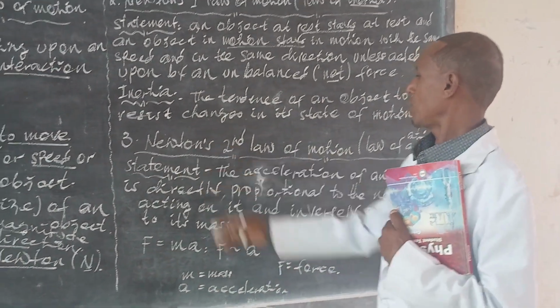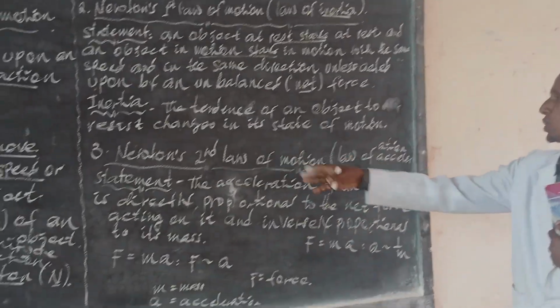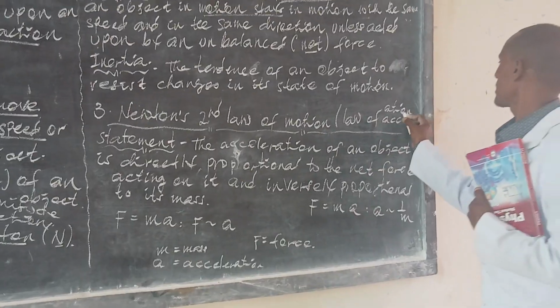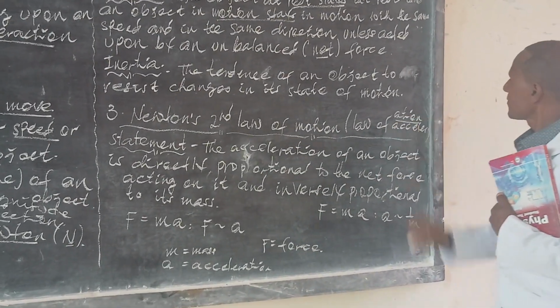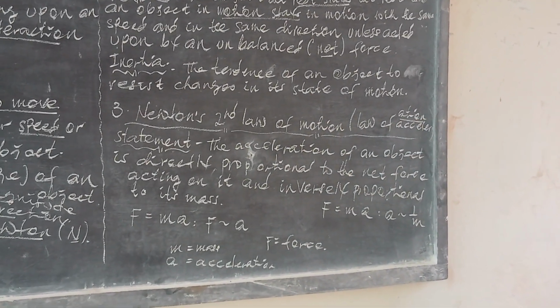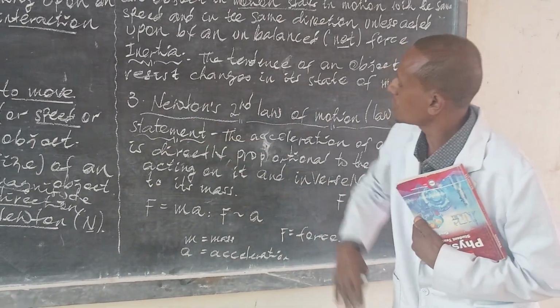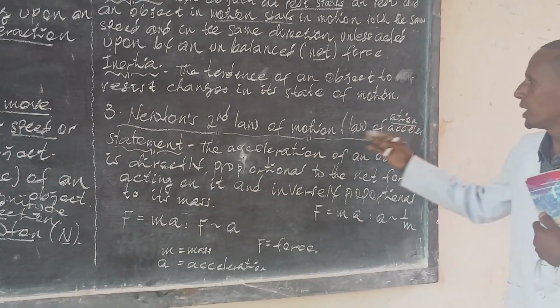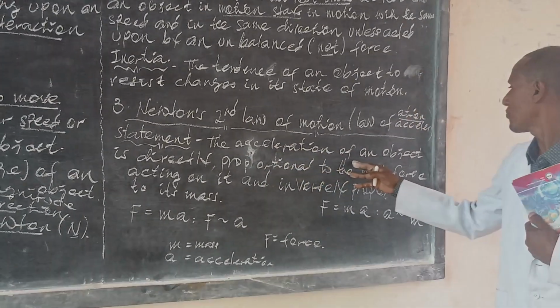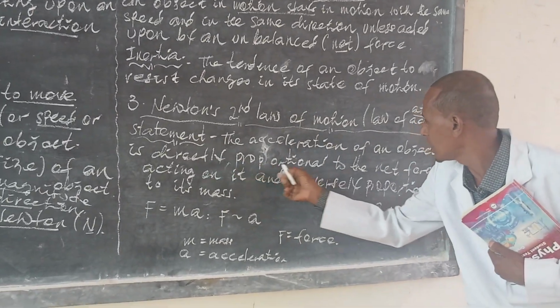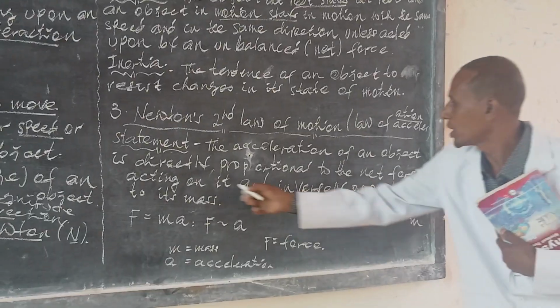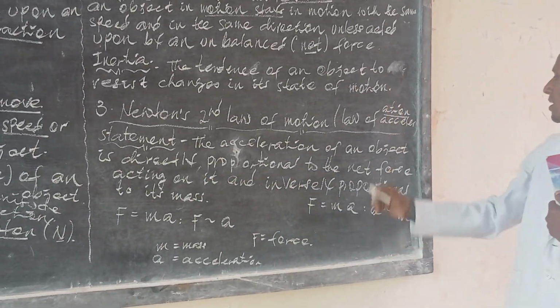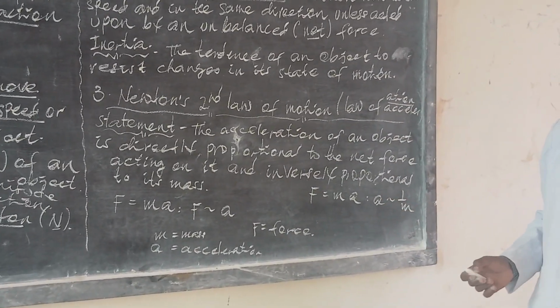Next, Newton's second law of motion is directly about acceleration. The statement of Newton's second law, the law of acceleration: the acceleration of an object is directly proportional to the net force acting on it and inversely proportional to its mass.